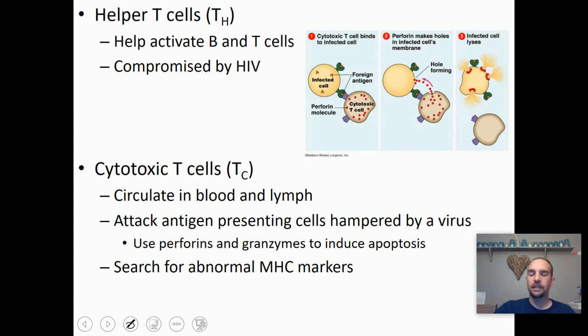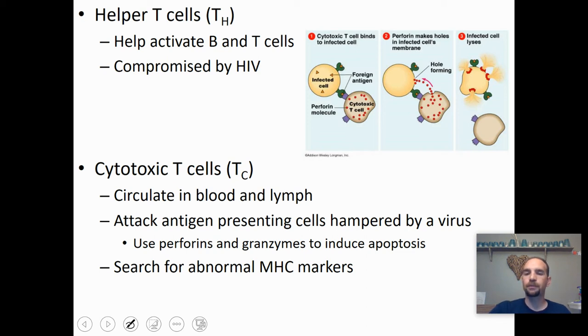So when a virus gets inside of the cell, hopefully the outside of the cell can change its shape so that our body can recognize that it has been infected, and it's presenting this antigen saying, cytotoxic T cells, please come and pretty much kill me because the virus is inside of us.